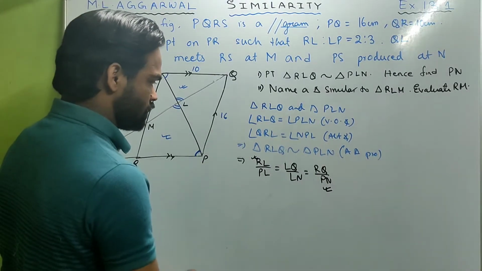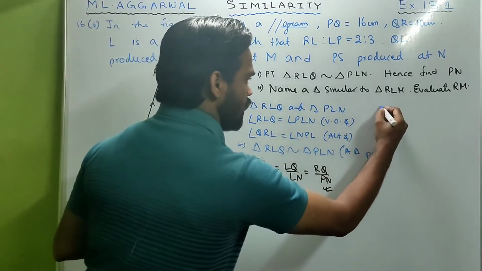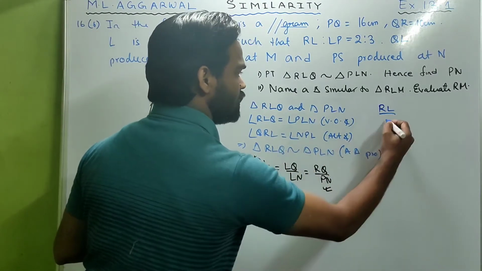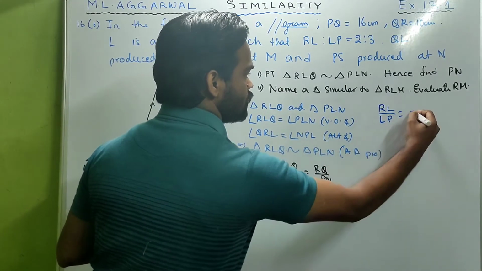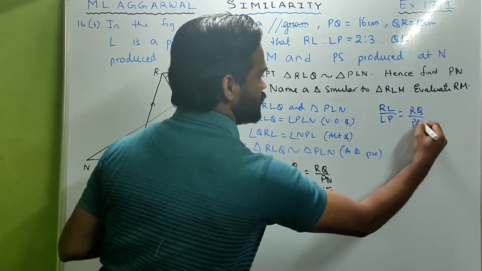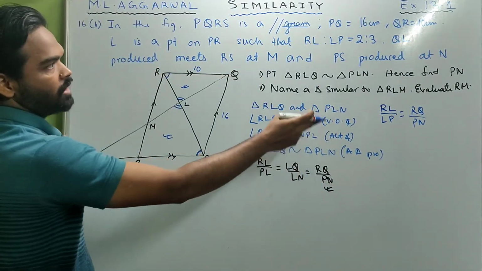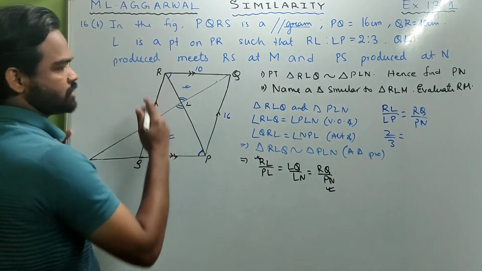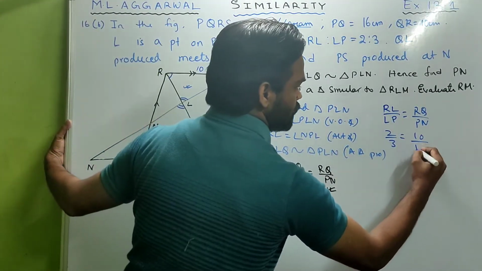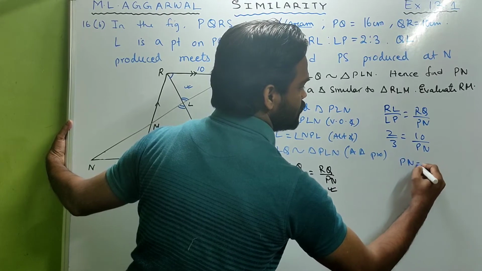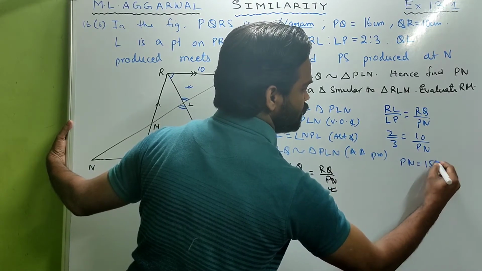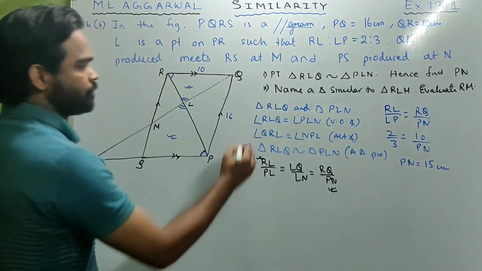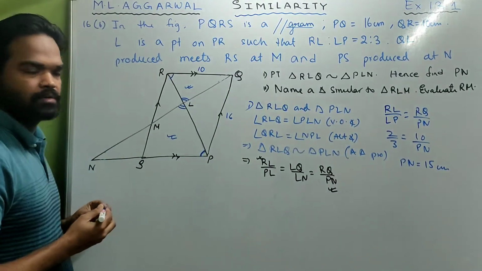So I can write RL by LP is equal to RQ by PN. Substitute the value. RL by LP is 2 by 3, RQ is 10, 10 by PN. So PN will be 30 by 2. That's 15 centimeter.